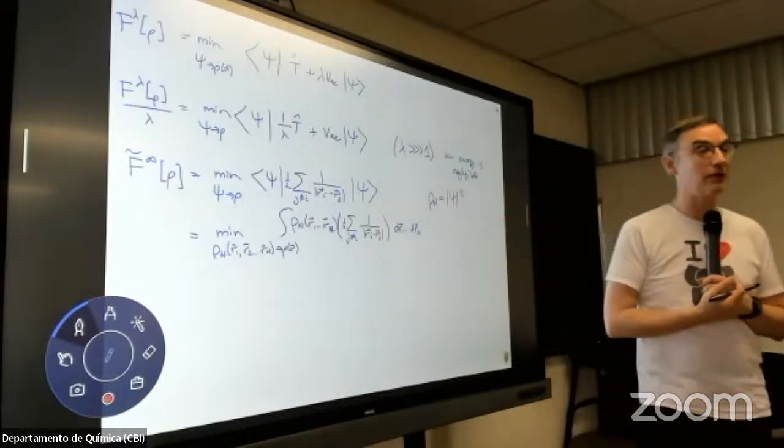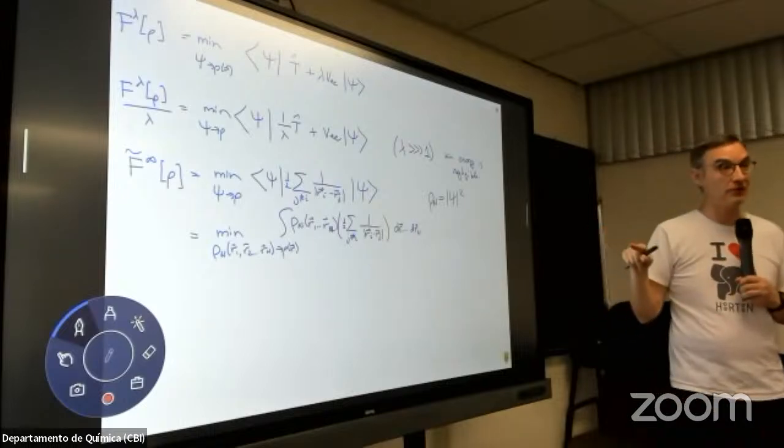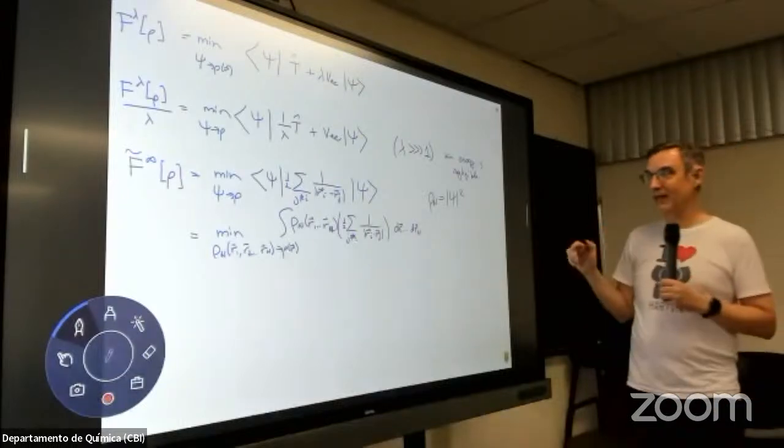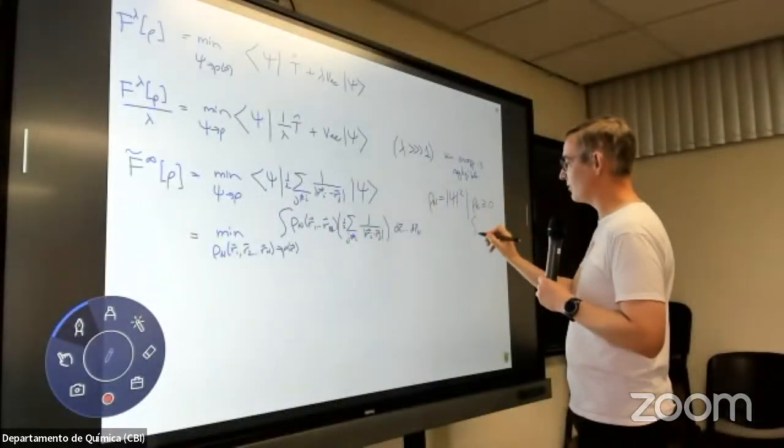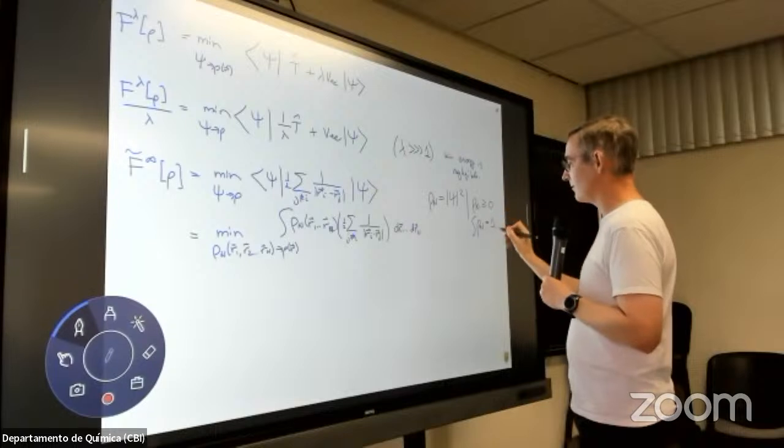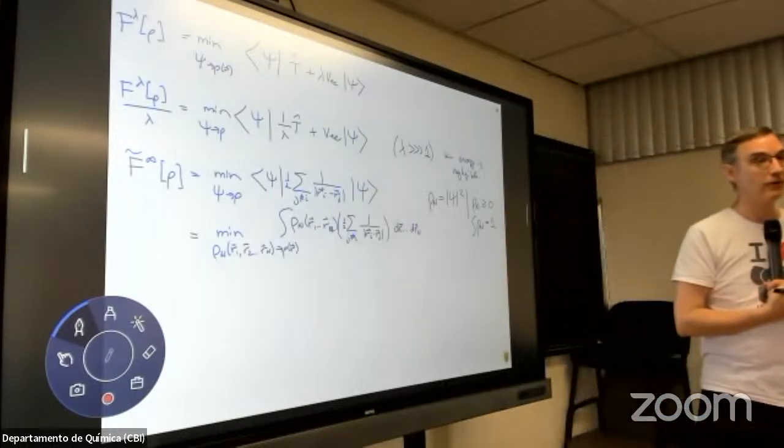That's the probability of seeing n electrons at different places in space. And the only constraint on it is that it's greater than or equal to 0, and its integral is 1. That's the only constraint.